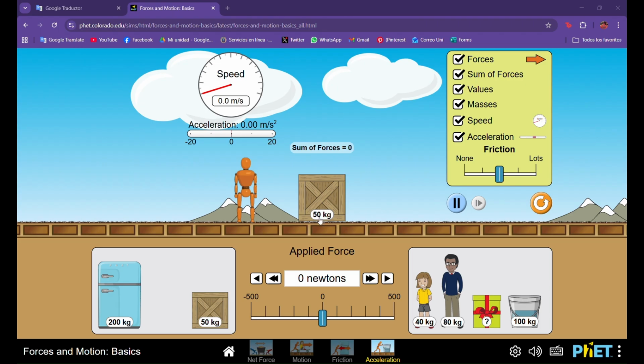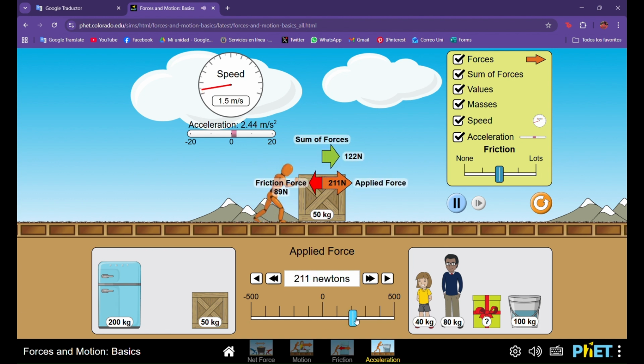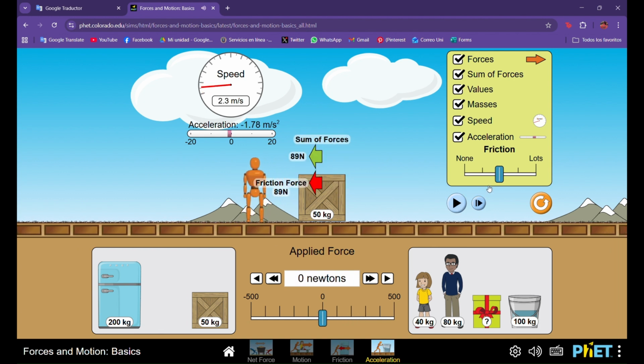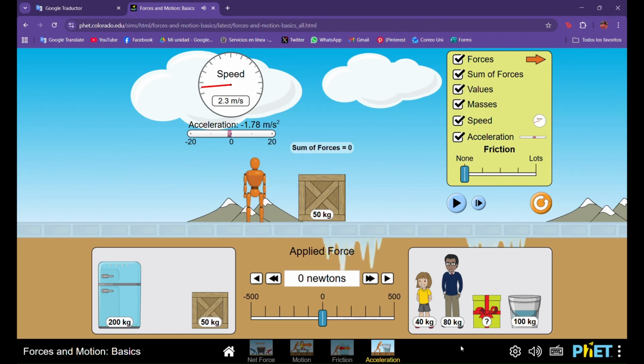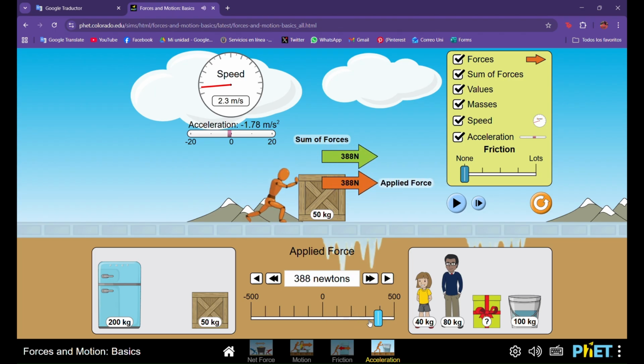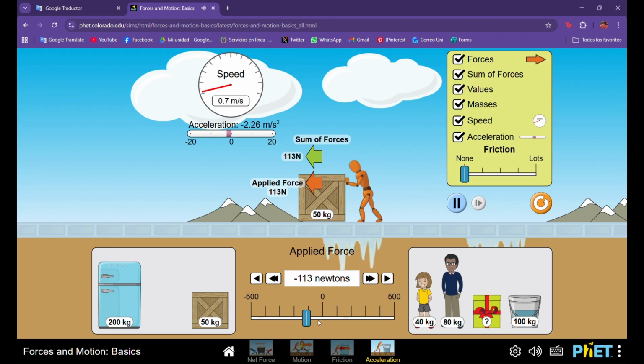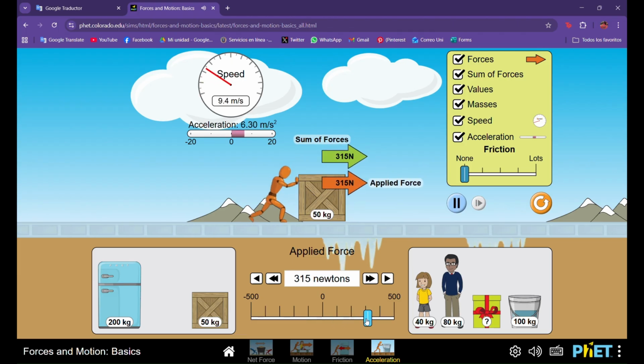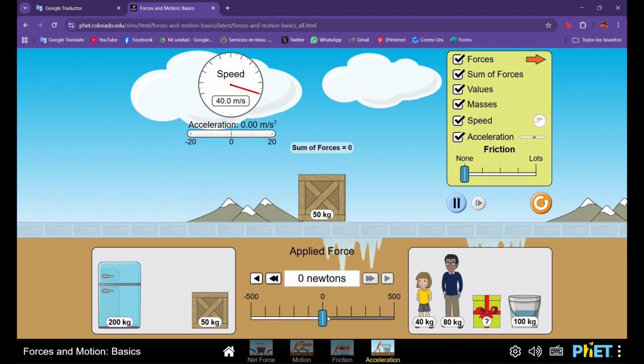I have this 50 kilogram mass and I will apply, oh sorry, I didn't deactivate the force. Okay, I will apply approximately 330 newtons of force.